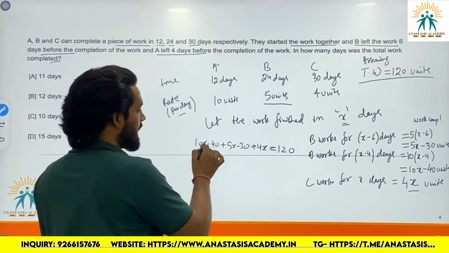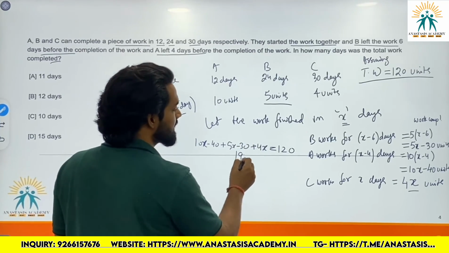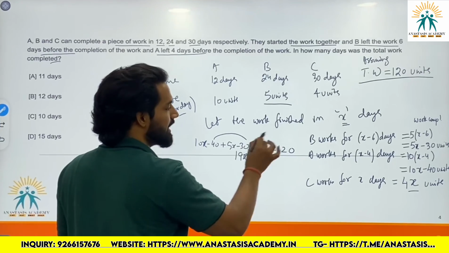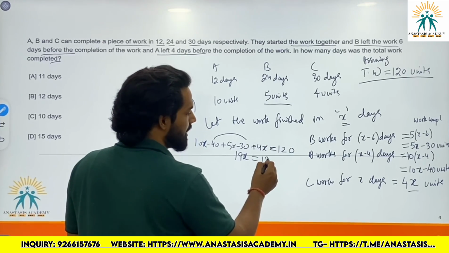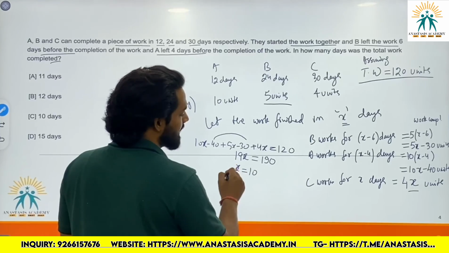So let us solve this equation. 10 and 5, 15 and 4, 19x must be equal to, this is 40 and 30, 70, this goes to the other side, so it becomes 190, and I get x as 10.